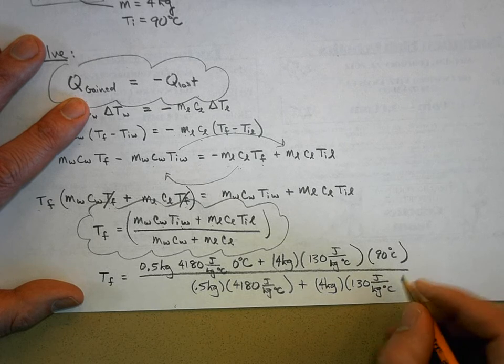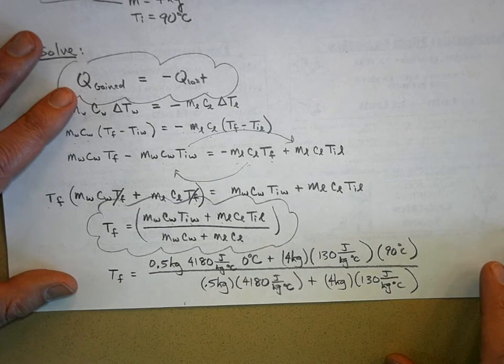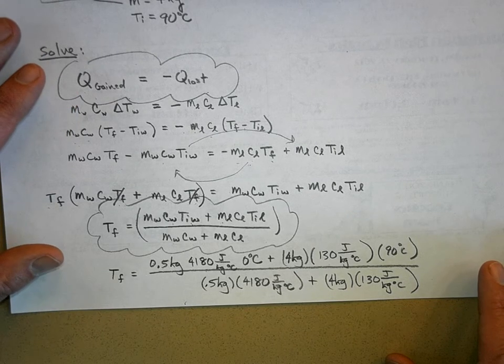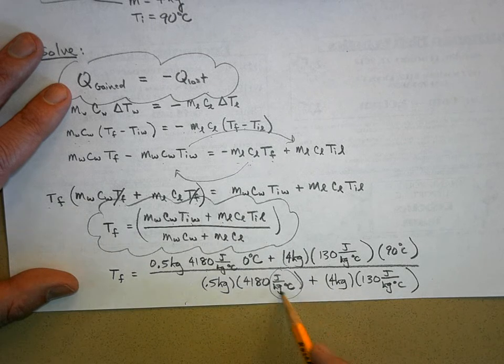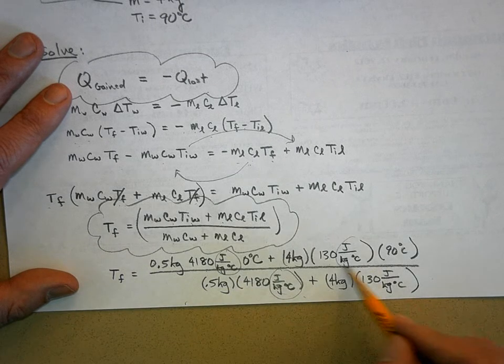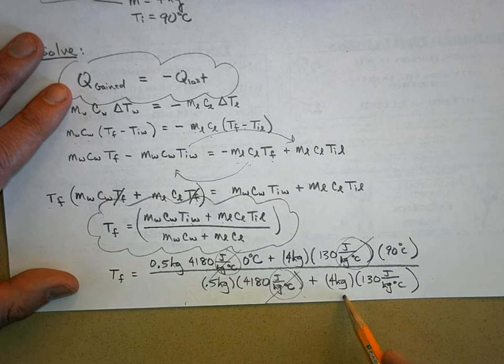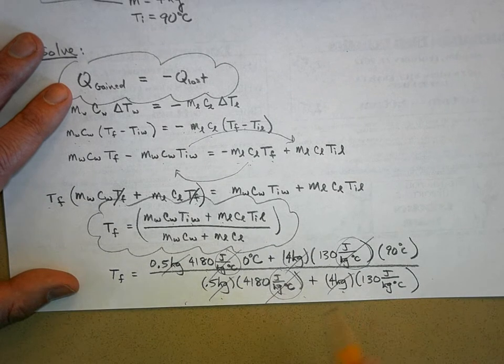Now let's look at everything that cancels out here. The joule kilogram degree Celsius is in every term. So the whole group cancels out. And then we've got mass, mass, mass, and mass. So I've got kilograms in every term, so it cancels out. And then I'm left with degrees Celsius.